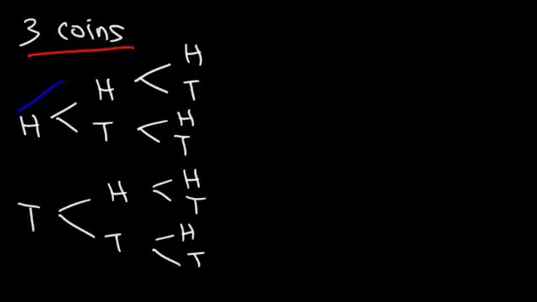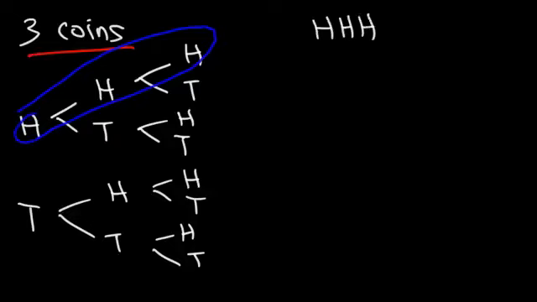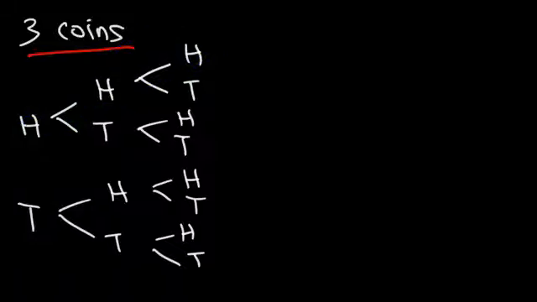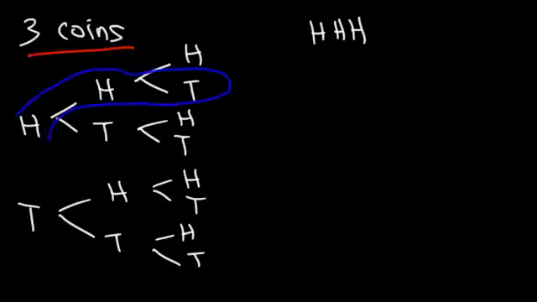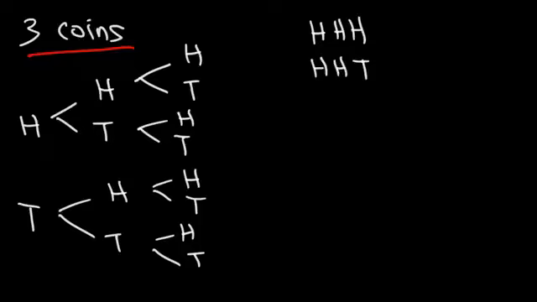So here's the first possibility. We can get 3 heads. So I'm going to write that as HHH. The second possibility is getting heads, heads, and then tails. So HHT. The third possibility is heads, tails, heads.